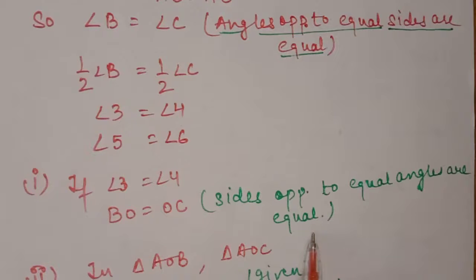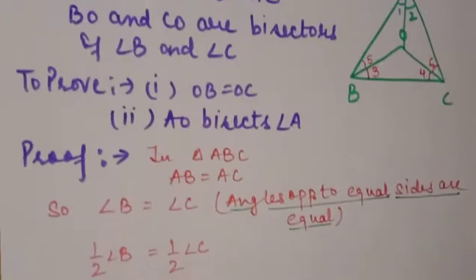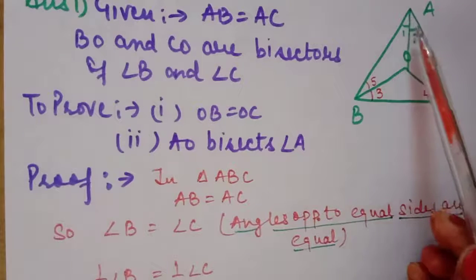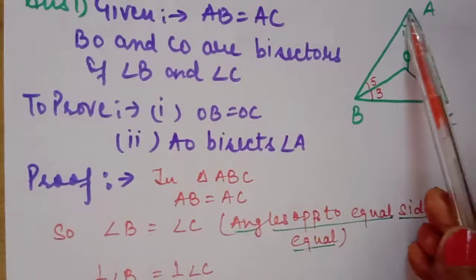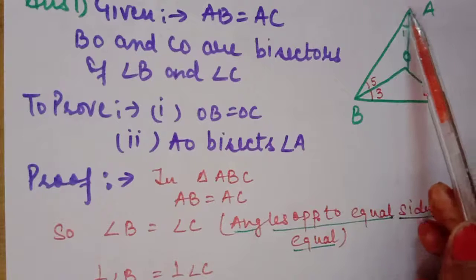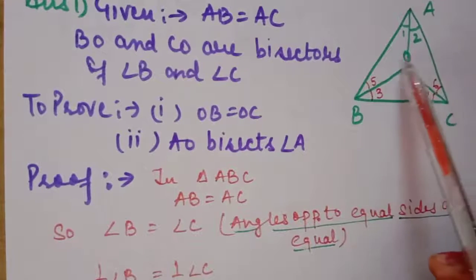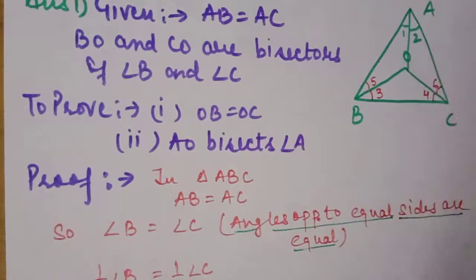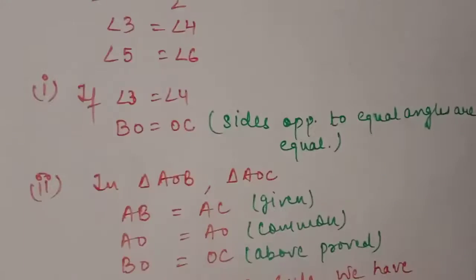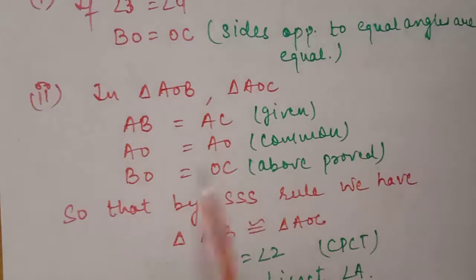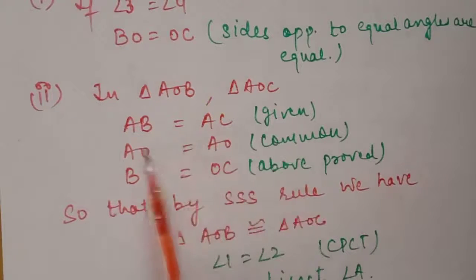Now your second part. In the second part, we have to prove that AO bisects angle A. So we will take these two triangles, triangle AOB and triangle AOC. Now we need three elements in these two triangles. So student, AB is equal to AC, it is given.